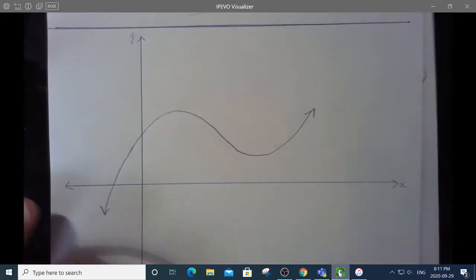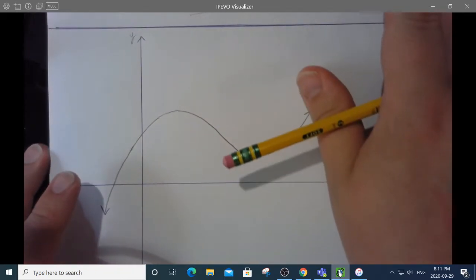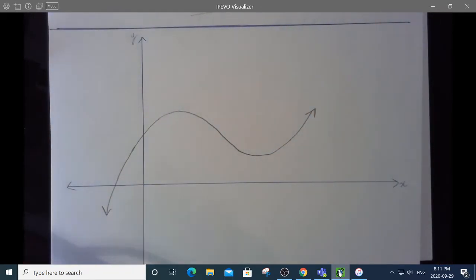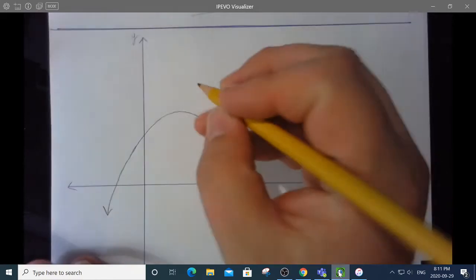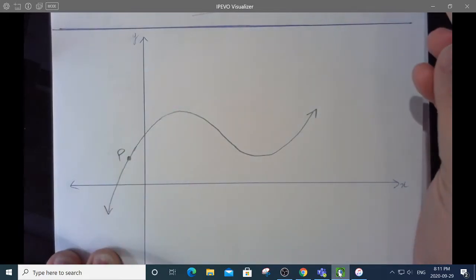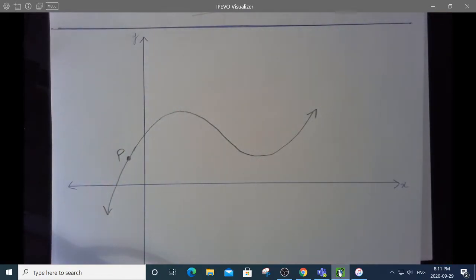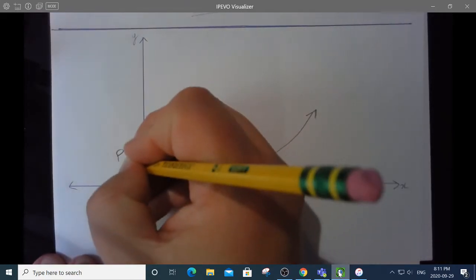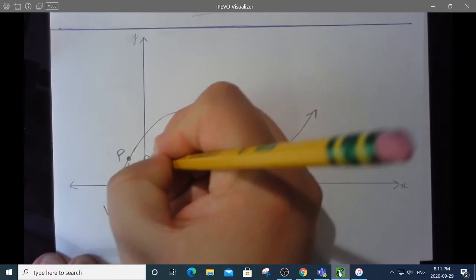This time we're actually going to think about slope again in a different way. Again, I'm going to have points P and Q. This time I think I might put P a little further down. So P's going to be down here, and P is going to have coordinates a and f(a).